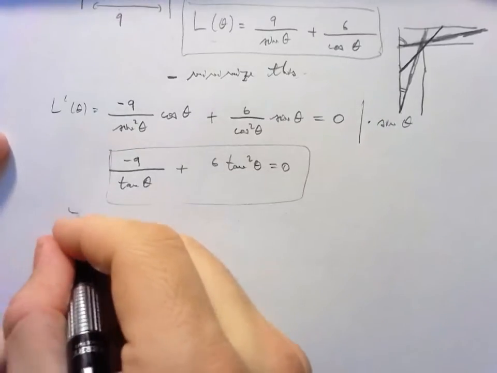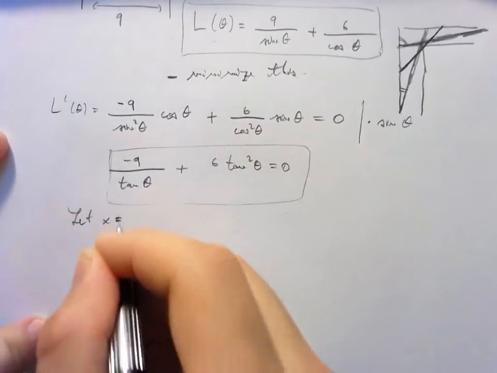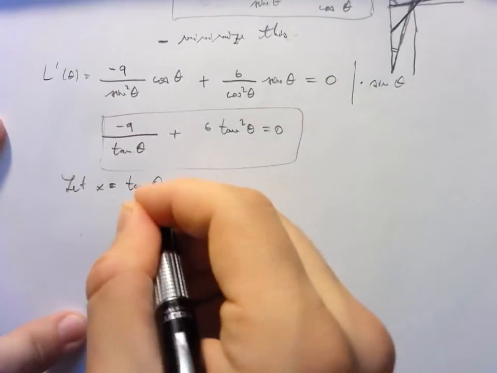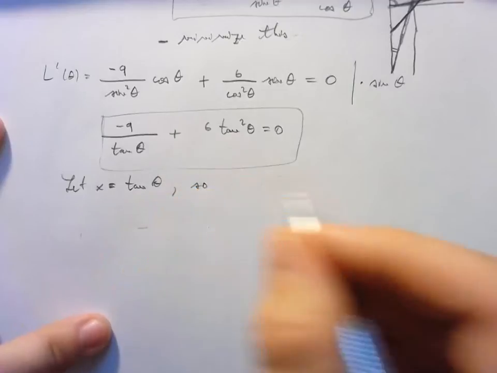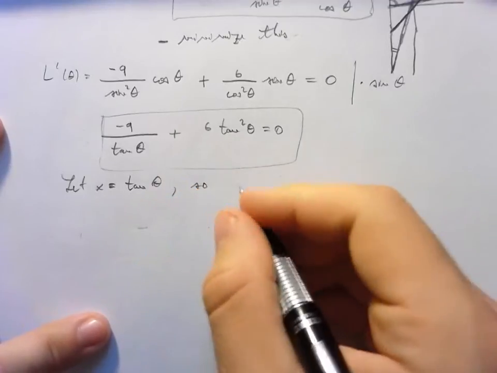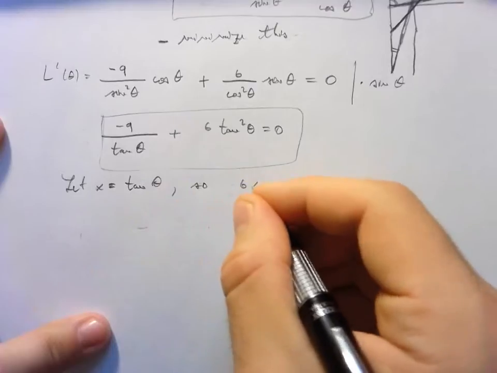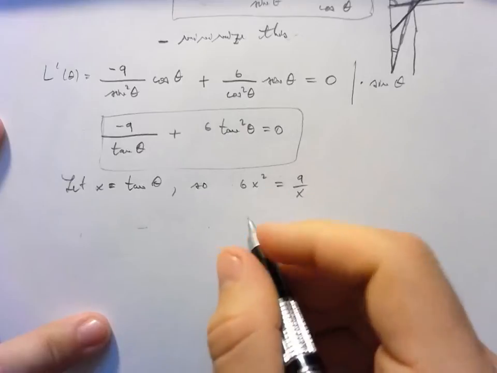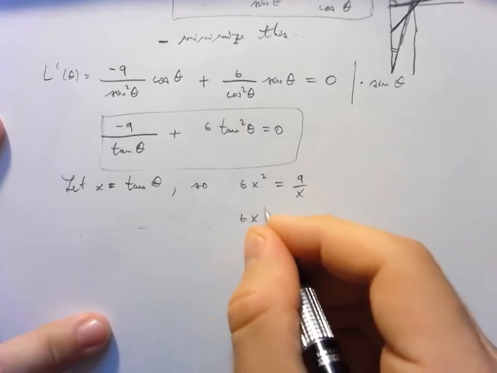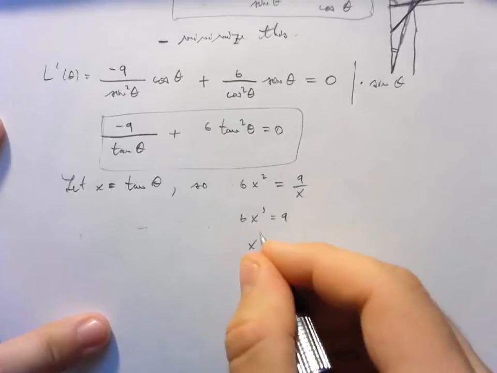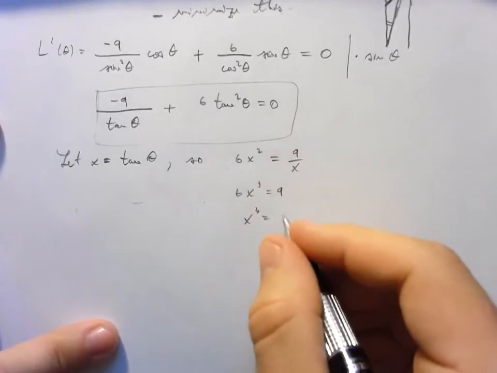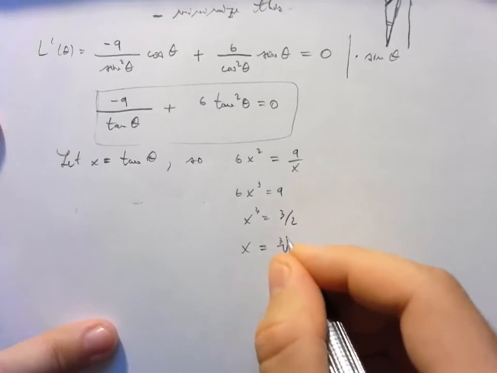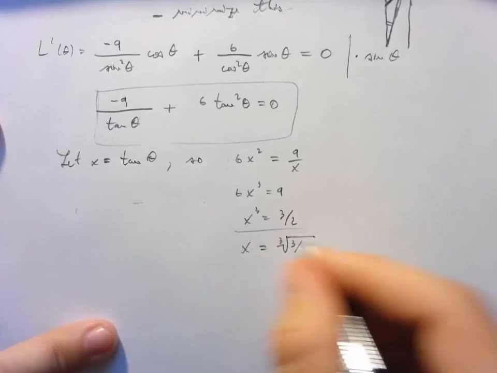I'm going to let x be equal to tangent theta. So I'm trying to solve 6x squared equals 9 over x. Multiply everything by x, so I have 6x cubed equals 9, or x cubed equals 9 over 6, which is 3/2, which means x should be the cube root of 3/2.